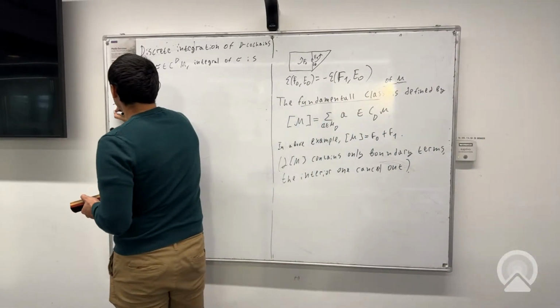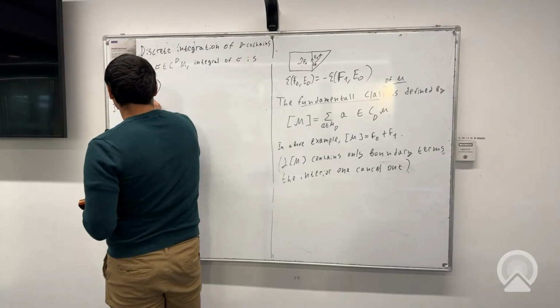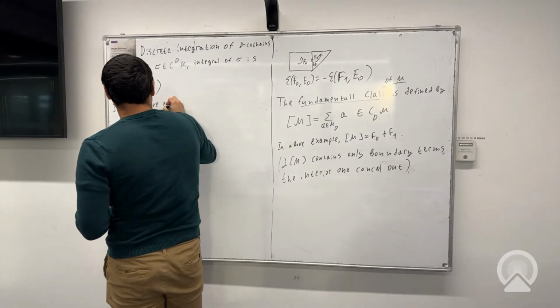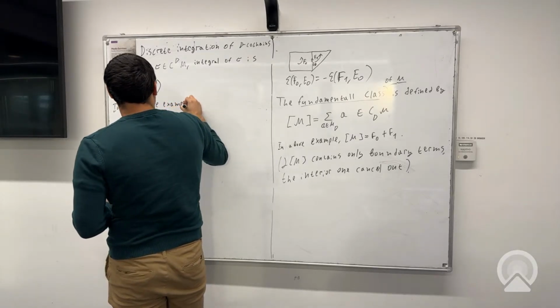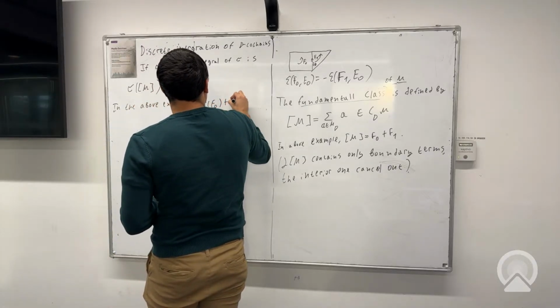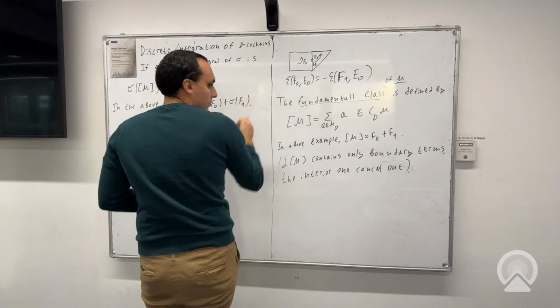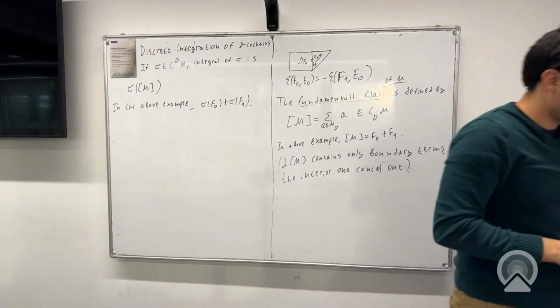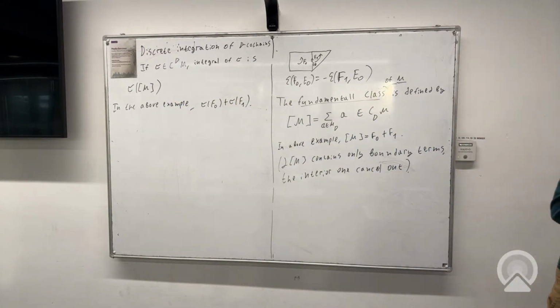So in the above example, sigma of F0 plus sigma of F1.